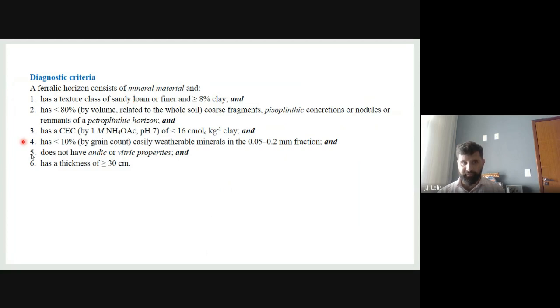This is the ferralic horizon. It's quite simple when we compare with the other ones.